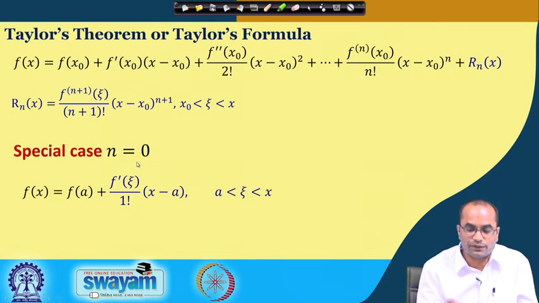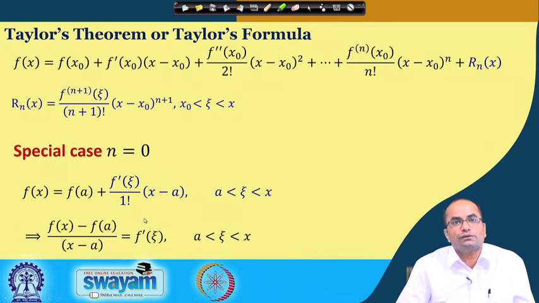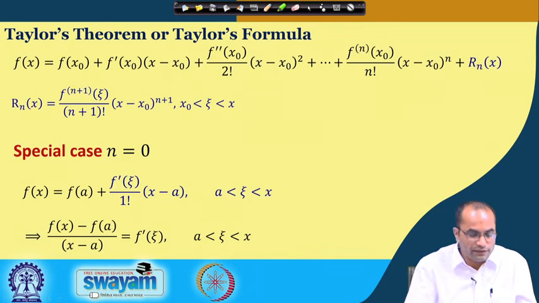So we get f'(xi) divided by factorial 1, and then we have x minus either a or x_0, whatever we consider. Then this xi lies between a and x, and in this case we get this form of Taylor's theorem, which is the Lagrange form of the mean value theorem.